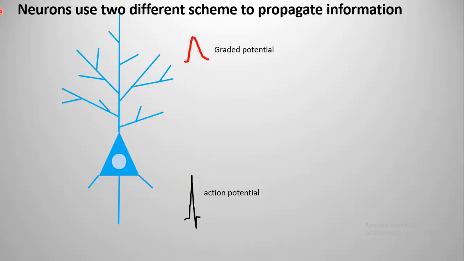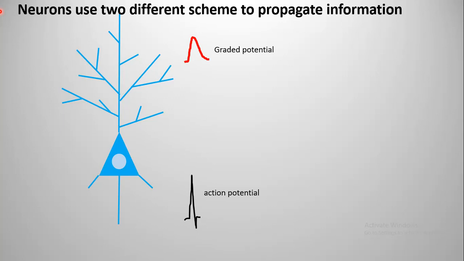Now, neuron use different coding scheme for propagation of the information. Definitely, it uses action potential. Action potential is a mode of propagation of information which is all or none in nature. That means it's a binary way of transforming information. Apart from that, neuron use a graded potential for propagating the information.